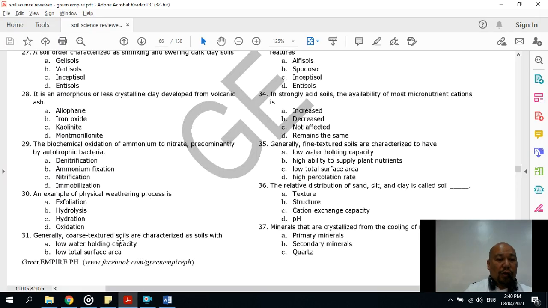31, generally coarse textured soils are characterized as soils with, okay, take note ha, A, B o C og D tapos sa babaw, coarse textured soils atong gisgutan karon ha. So kung coarse textured soils, dagko ang iyahang particles duol dito sa sandy soils.